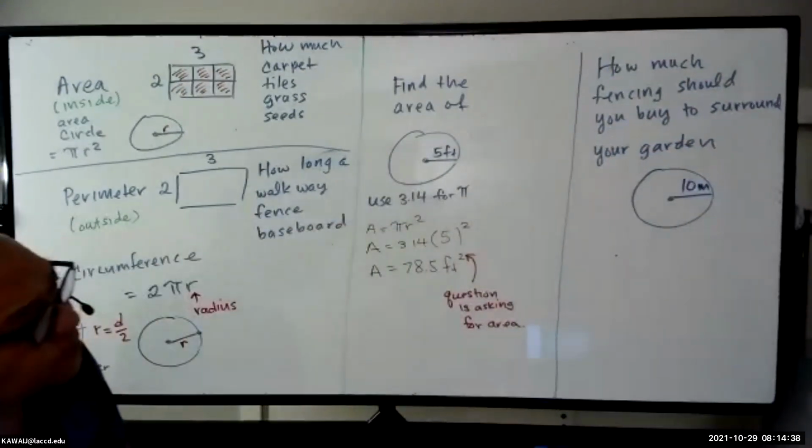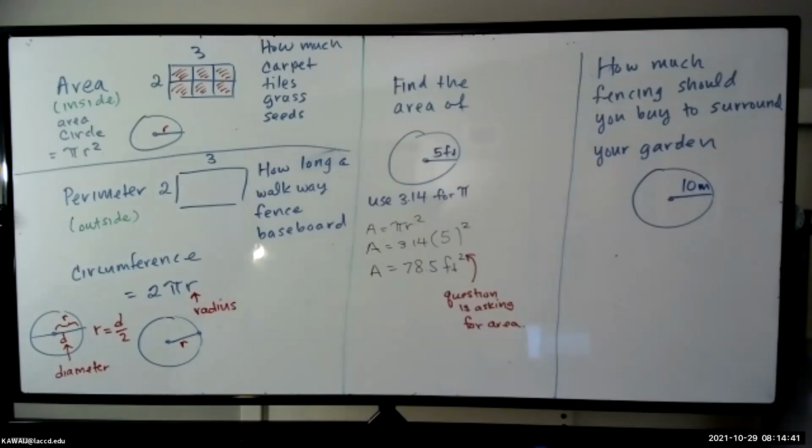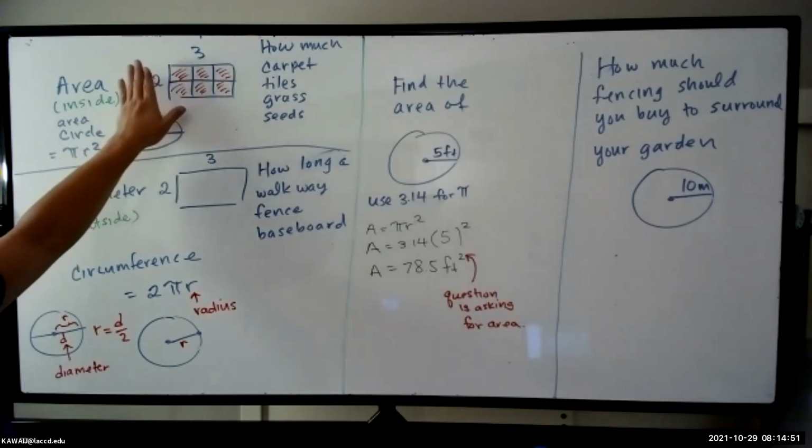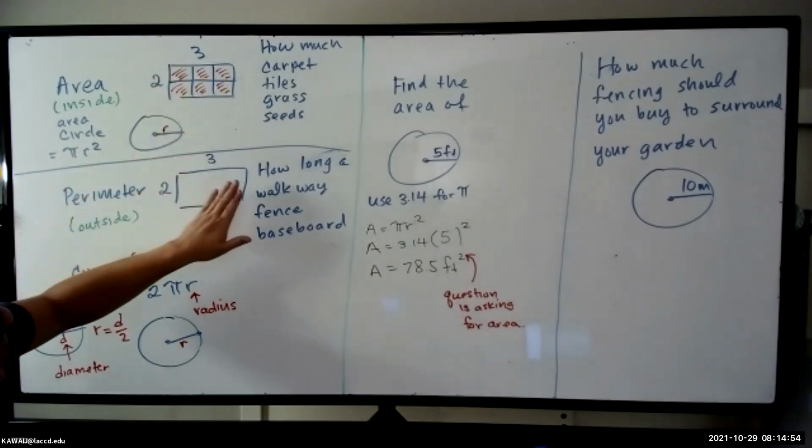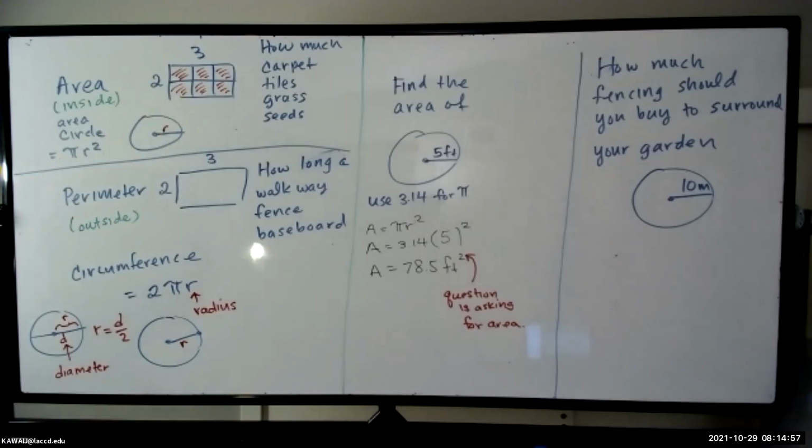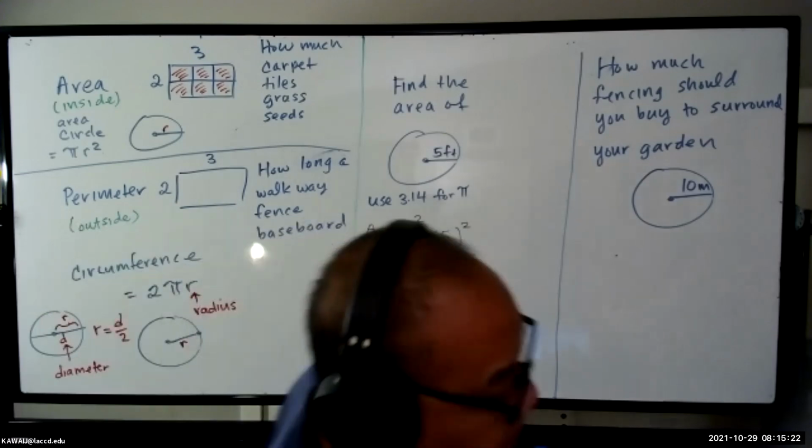Okay. Now you want to ask yourself, fencing, is that inside or is that outside? Outside? Outside, yeah. So it's going to be circumference.